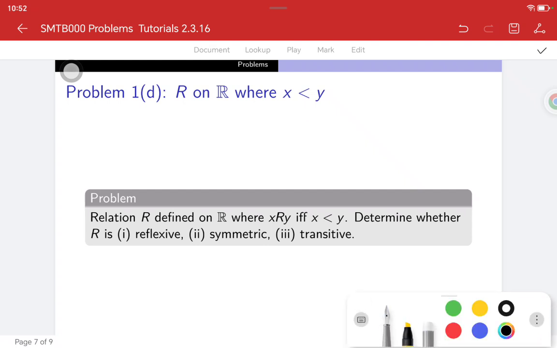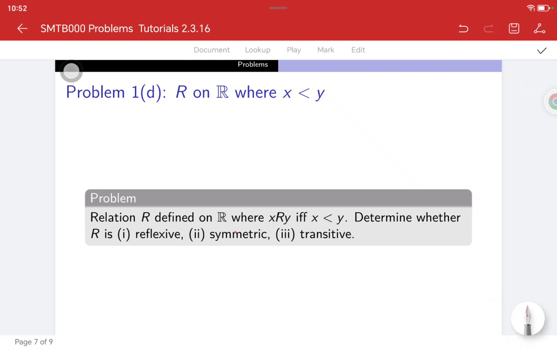So for us to determine reflexive, we must say for all x element of the real numbers.